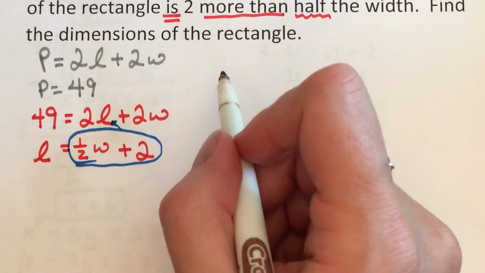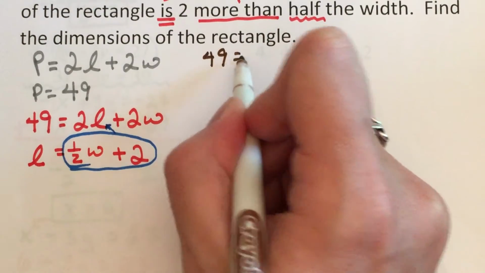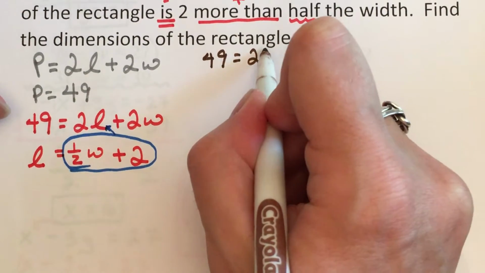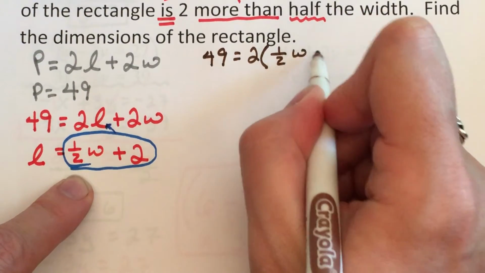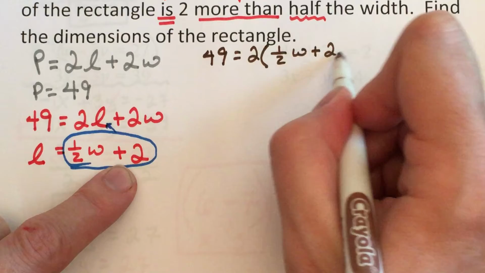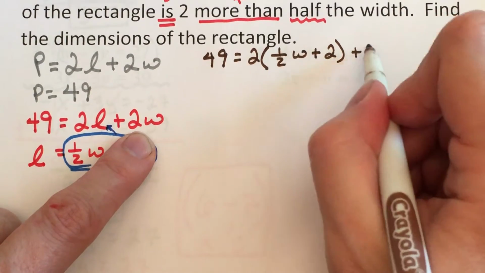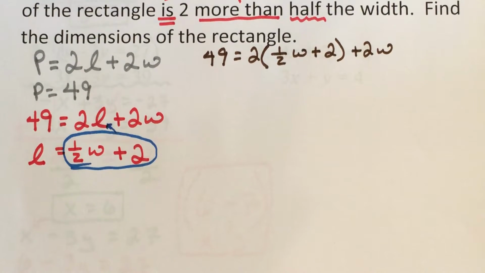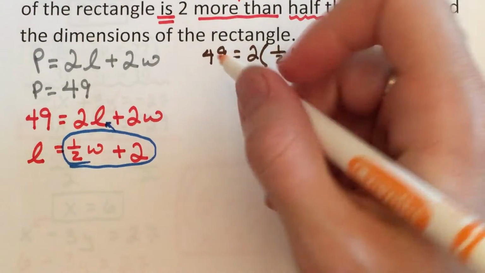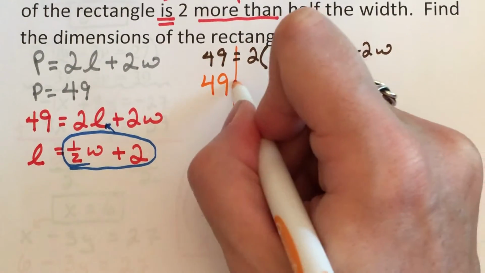So that gives me 49 equals 2 times 1/2 of the width plus 2. Now plus my other 2W. Great. Let's solve for the width. 49.